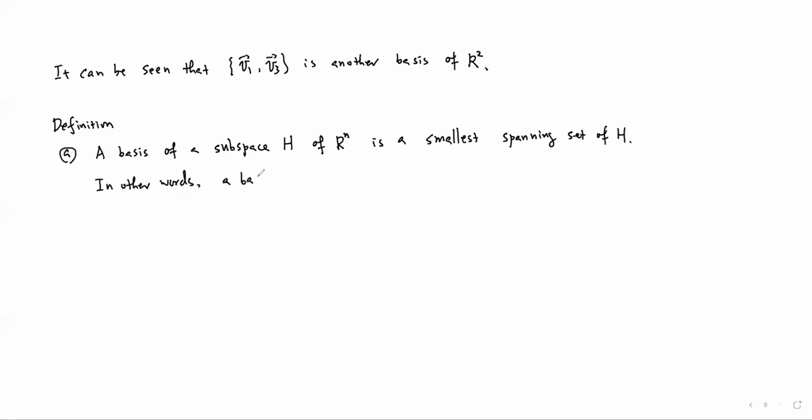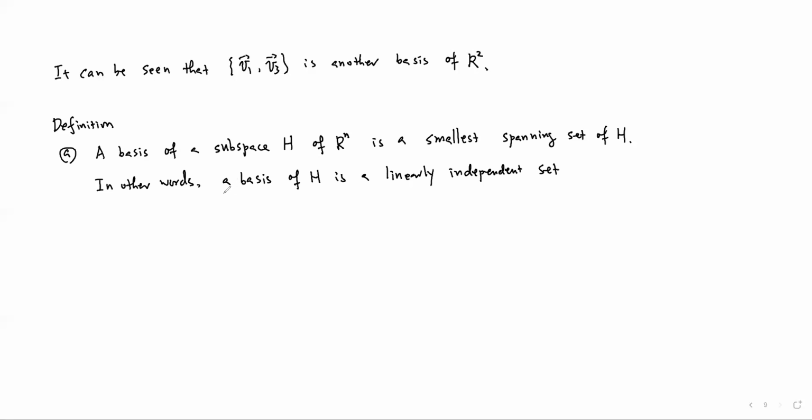In other words, a basis of H is a linearly independent set. A basis is a set of vectors. Those vectors are linearly independent to each other. In other words, no vector can be spanned by other vectors.